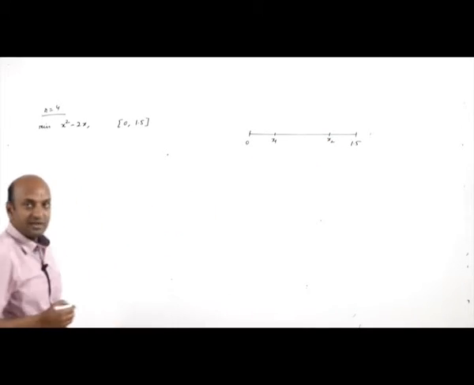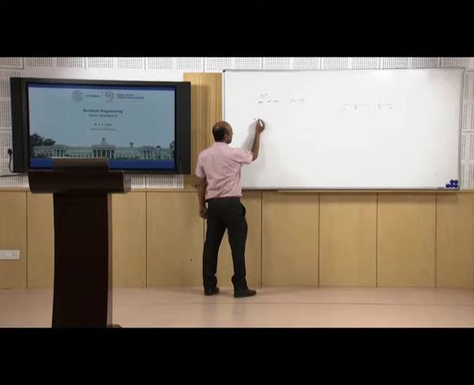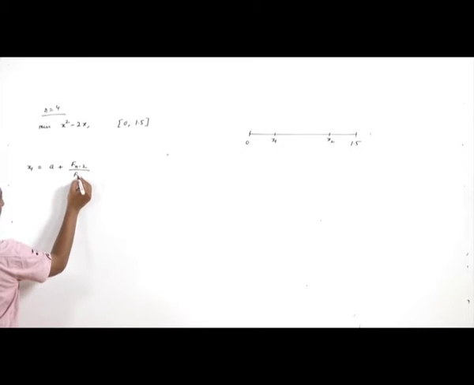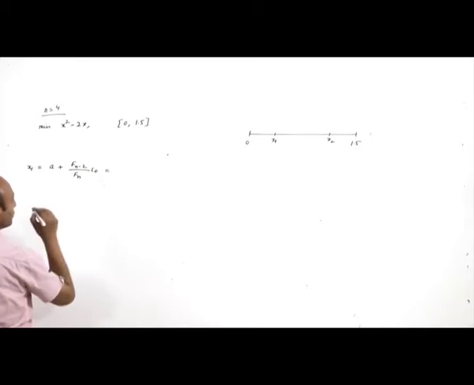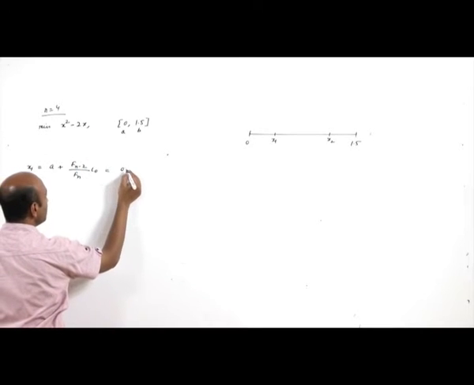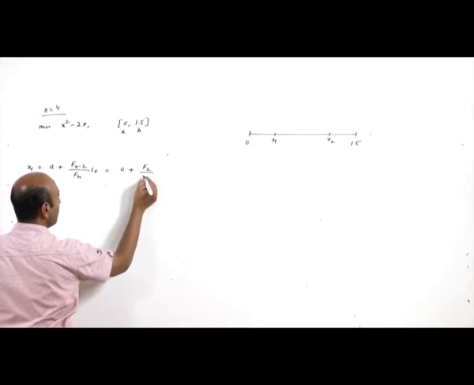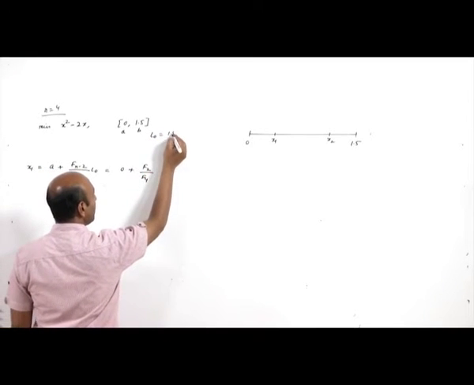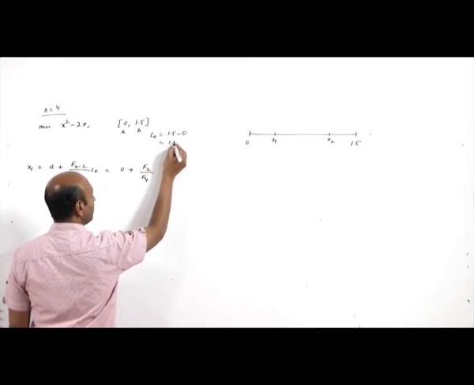So, how to find x1 and x2? x1 is given by a plus Fn minus 2 upon Fn into L naught. So, this is a, this is b, and n is 4. So, it is 0 plus f2 by f4, and L naught is 1.5 minus 0, which is 1.5.